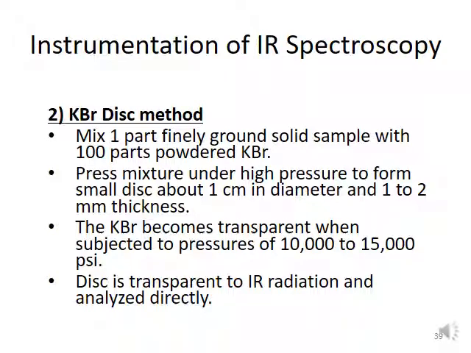The second one is the potassium bromide disc method. In this method, you mix 1 part finely ground solid sample with 100 parts powdered potassium bromide, and this mixture will be pressed under high pressure to form a very thin small disc, about 1 centimeter in diameter and 1 to 2 millimeters thickness.